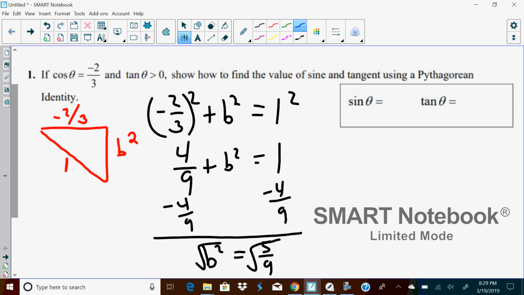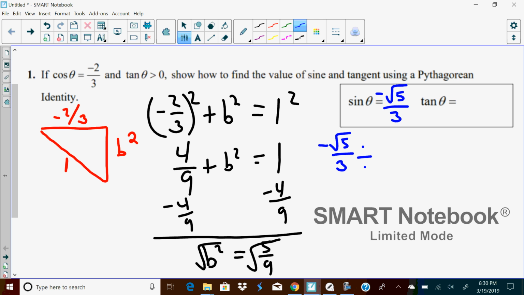So sine is a negative square root of 5 over, and I want to make that a little bit clearer, square root of 5/3. So to do tangent, I have to divide sine by cosine because it's rise over run. So my sine is negative square root of 5/3.